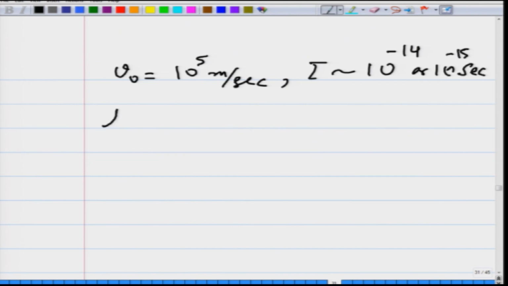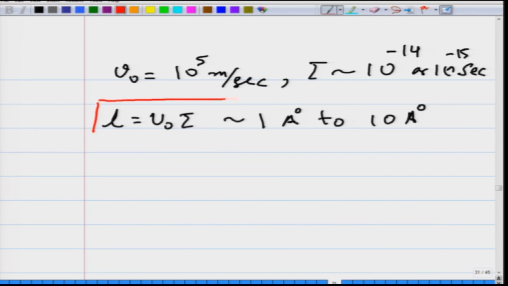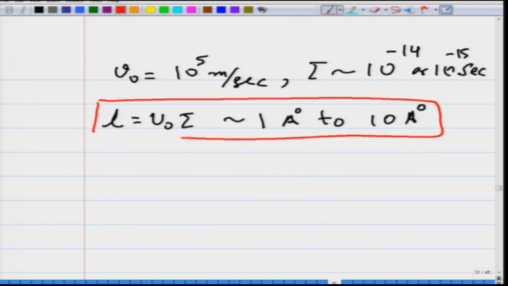Using this, the mean free path, which is V naught into tau, if you just multiply the two, you will get in the range of 1 angstrom to 10 angstroms. The mean free path of the electron inside the solid, which works out from Drude's model, is in the range of 1 to 10 angstroms.